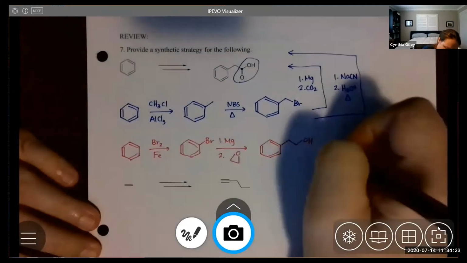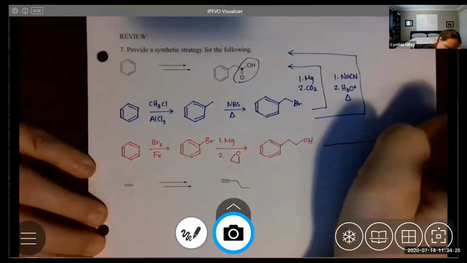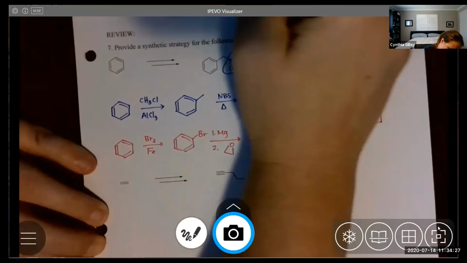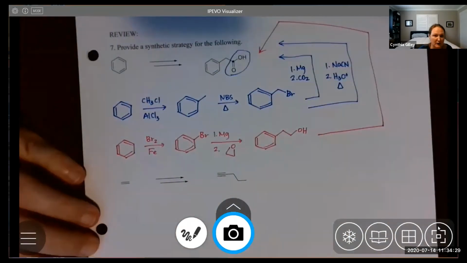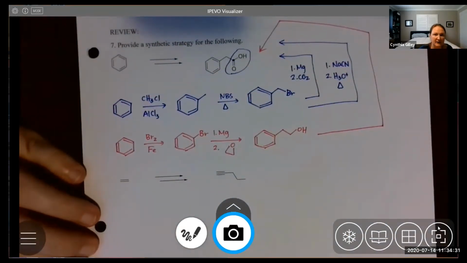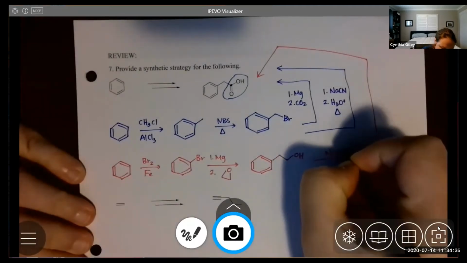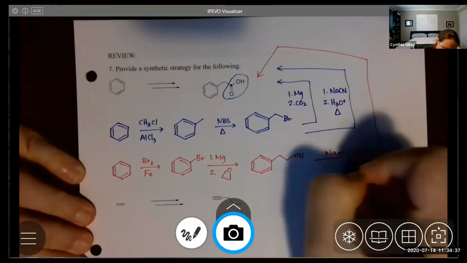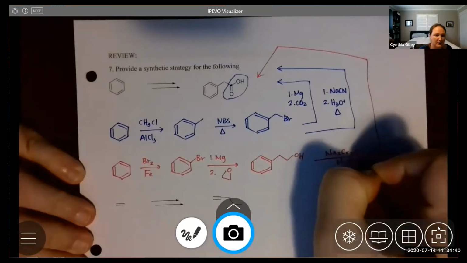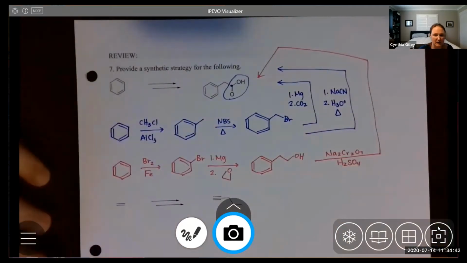And oxidation. At this point, you have the right number of carbons. All you have to do is do a sodium dichromate oxidation from the primary alcohol to the carboxylic acid. So multiple options here.